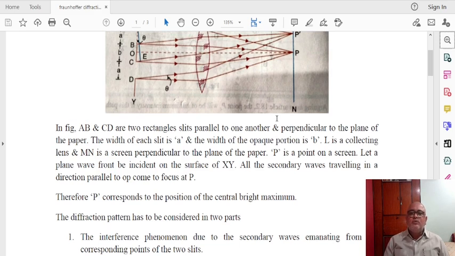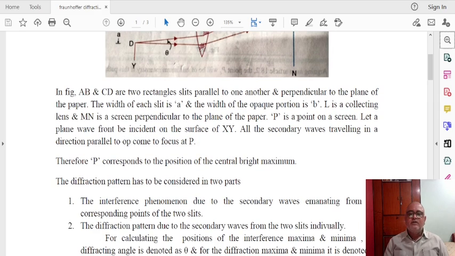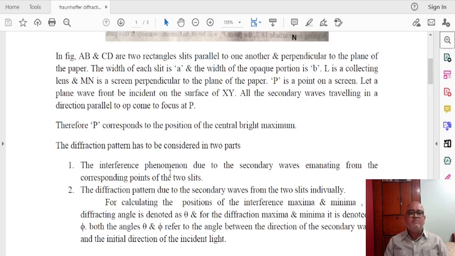See, do one thing, you have to draw this diagram in your notebook, on your paper, which will be helpful for us for the geometry of this ray diagram as well as for better understanding. Then the diffraction pattern has to be considered in two parts.